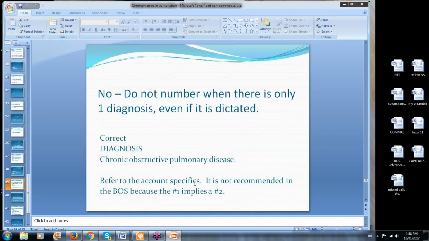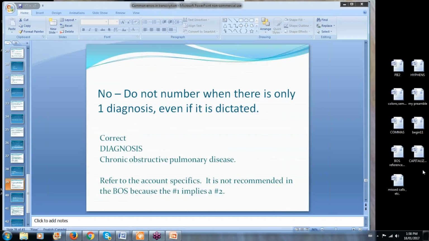Because, and you can refer to the account specifics, it's not recommended, and even the boss, it's in there as well, that when they say 1, then it implies that there should be a number 2. So anyway, never number if there's just 1, even if dictated.